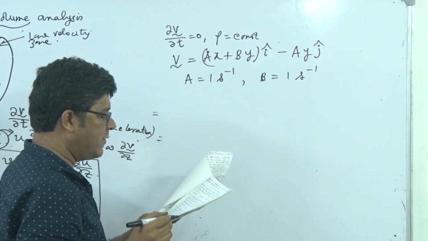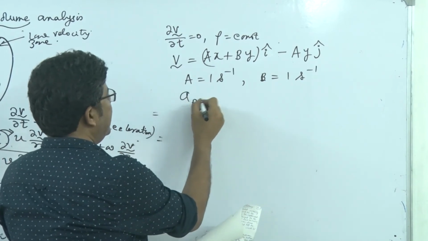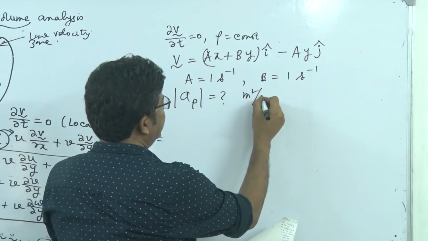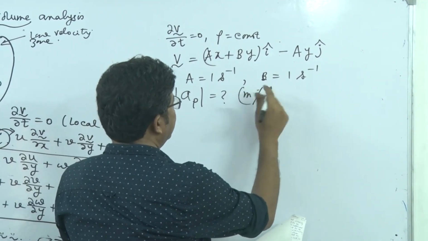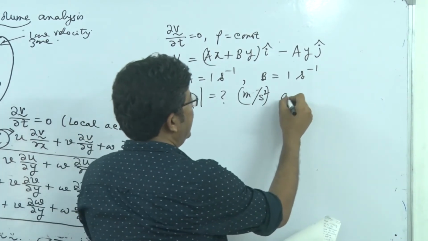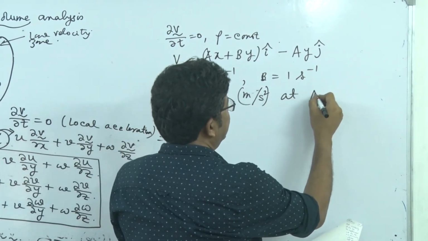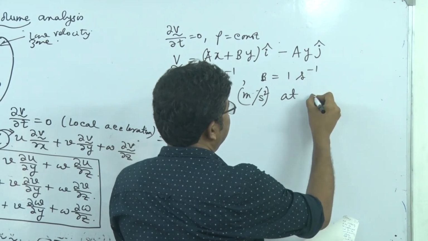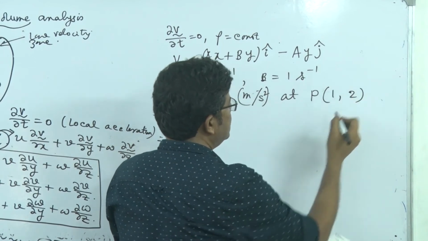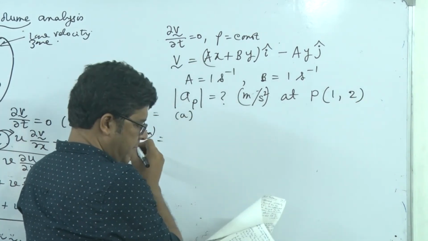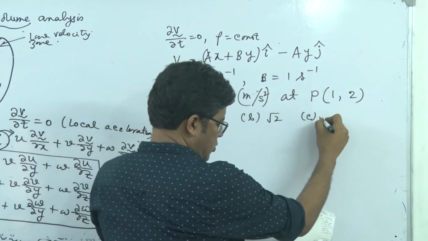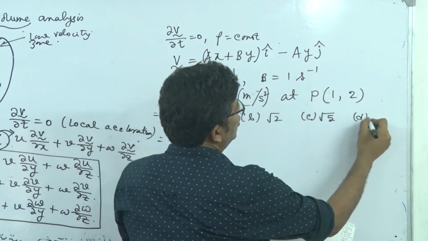The magnitude of acceleration AP, in meter per second square, of the fluid particle at a point, say T is equal to 1, 2. The options are 1, root 2, root 5, root 10.